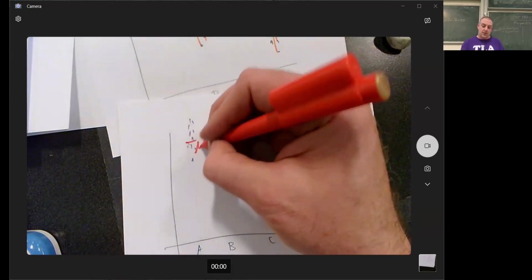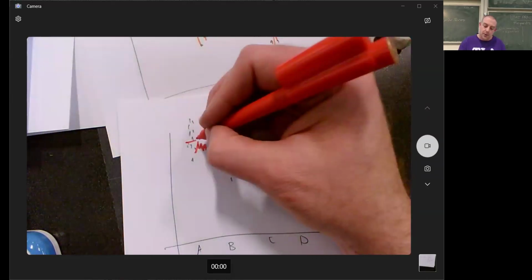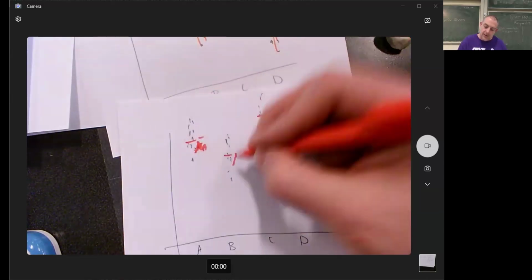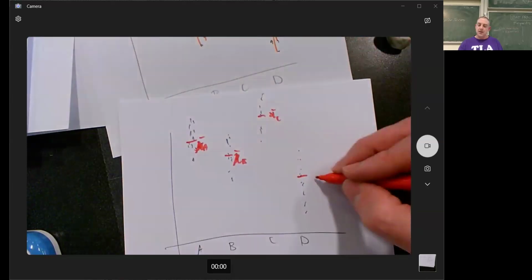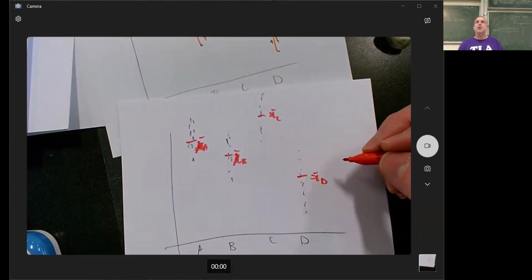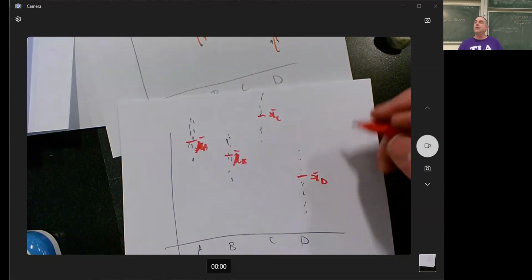So this is the mean that goes with group A, not the actual X bar A. This is the mean that goes with group B, and this is the mean that goes with group C. They probably do it with a Y, don't they? Anyway.